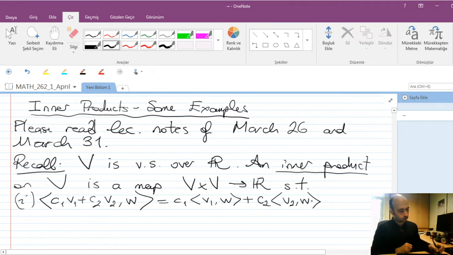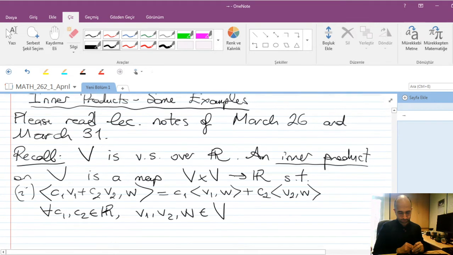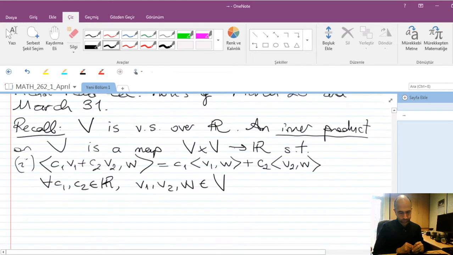This holds for all C1, C2 in R and V1, V2, and W in V. So this is saying the inner product is linear in the first entry. That's the first condition.